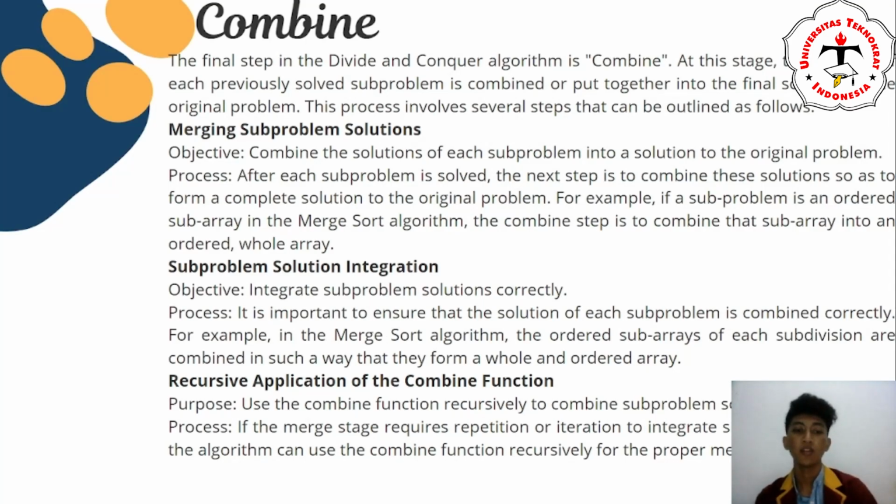Objective: integrate subproblem solutions correctly. Process: it is important to ensure that the solution of each subproblem is combined correctly. For example, in the merge algorithm, the ordered subarrays of each subdivision are combined in such a way that they form a full and ordered array.